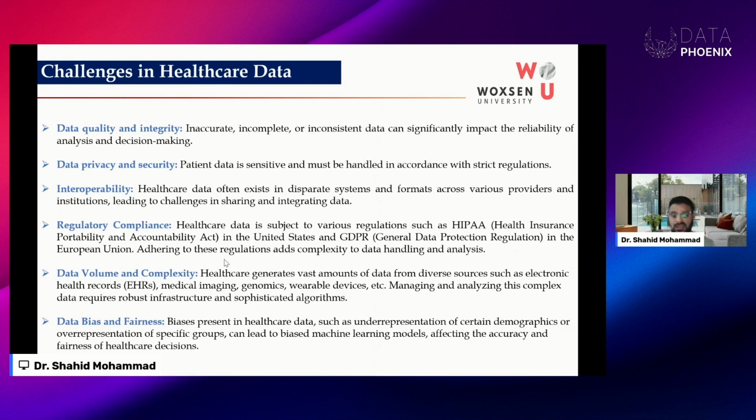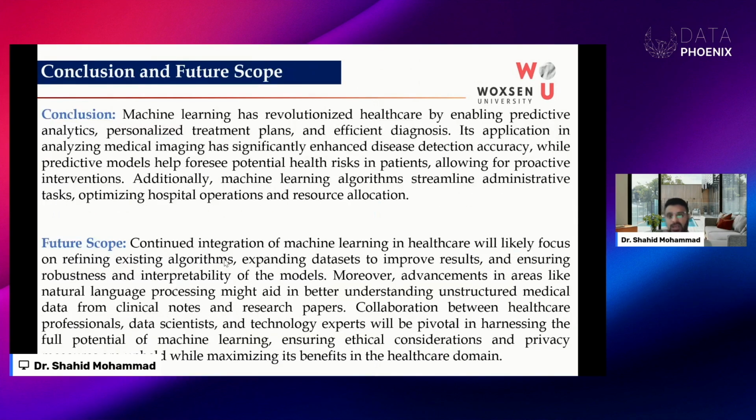We also need to take care of the model building process, making sure we are using accurate and unbiased data, so that when we try to predict or identify diseases, our model will come up with good results and help healthcare providers and practitioners make better decisions regarding the disease.